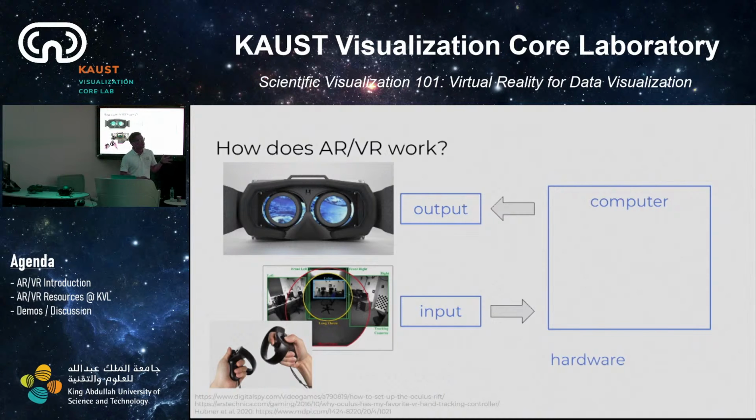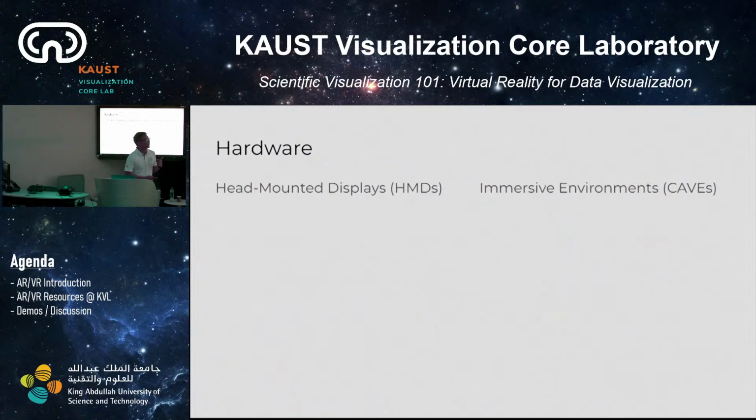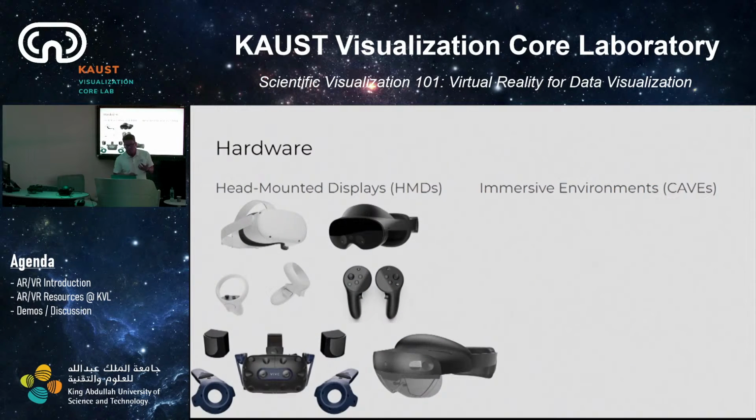So this is the hardware part of things. And of course, you have the software side. So you have an application, and you have your virtual content within the application, right? So you have hardware and software. In terms of hardware, there's, I would say, two big categories. One is the head-mounted displays, like the ones you've seen here.